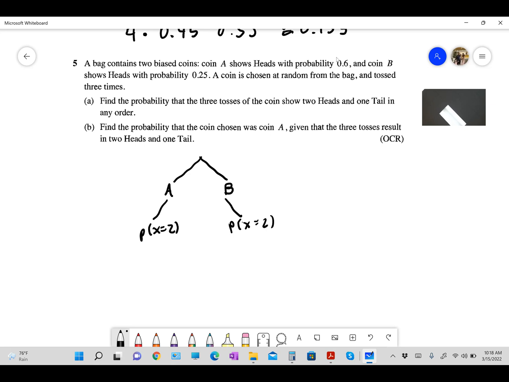Those will happen half the time, because the probability of picking a coin at random from a bag when you have 2 of them is half. So you have to remember that.